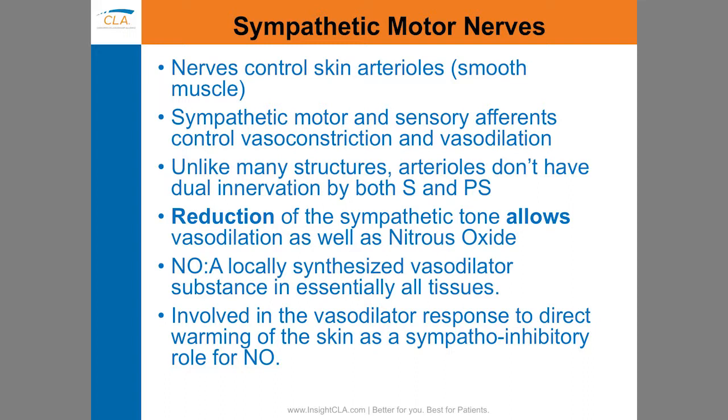So you need to understand that at the PCT level, nerves control the skin arterioles through the smooth muscles. Sympathetic motors, and we discussed those sensory afferents, control that vasoconstriction and vasodilation. But unlike many structures, arterioles do not have dual innervation by both the sympathetic and the parasympathetic. So there's no modulation at the spinal cutaneous region by the parasympathetic control.